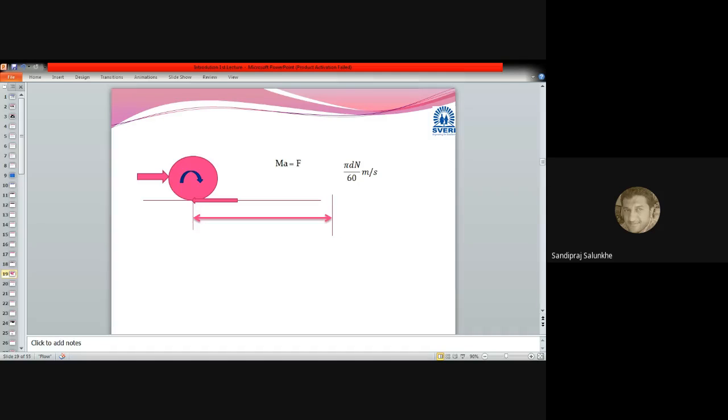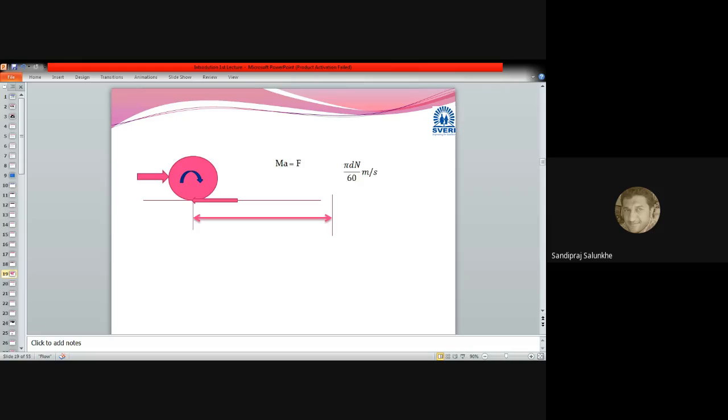Any example? Spring. Okay, a spring alone cannot become a mechanism. Clock, yes, clock. Okay, a clock is also a mechanism which is in daily use, but it's complicated.